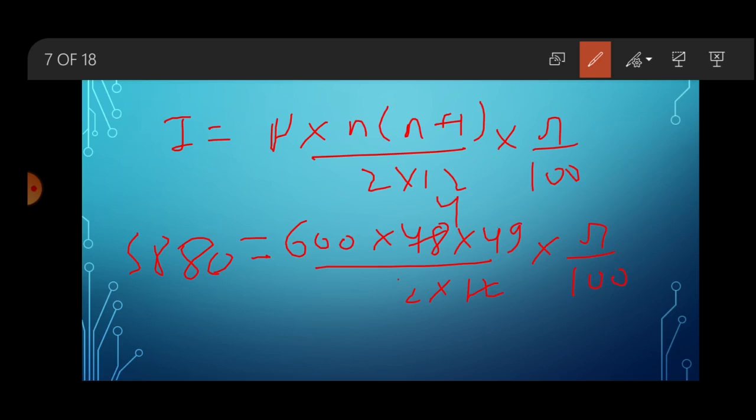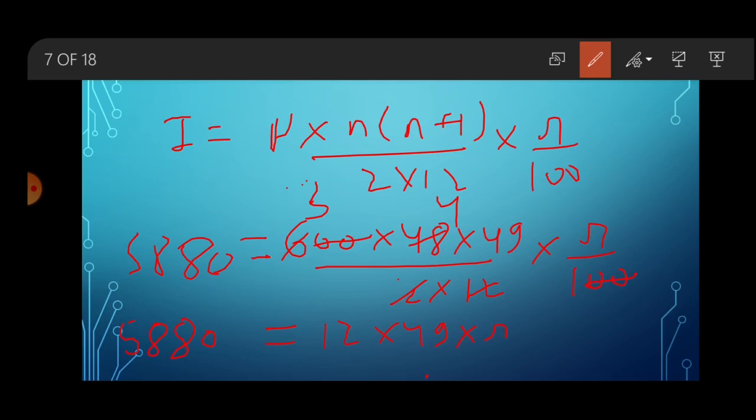So now these two zeros will cancel these two zeros, and this 6 becomes 2 threes are 6. So now what you have is 3 fours are 12 into 49 into R equals 5880.